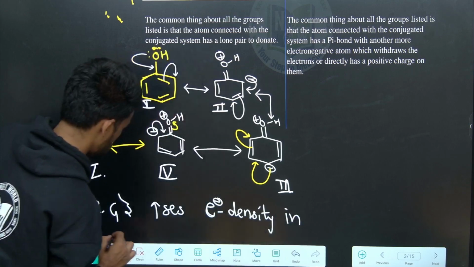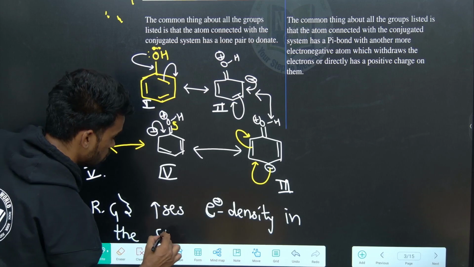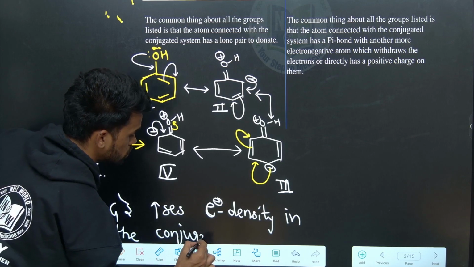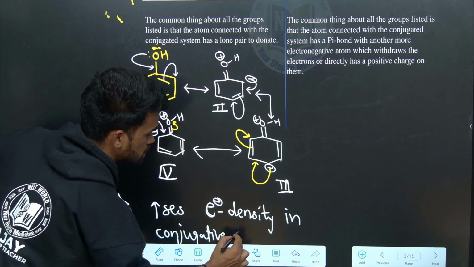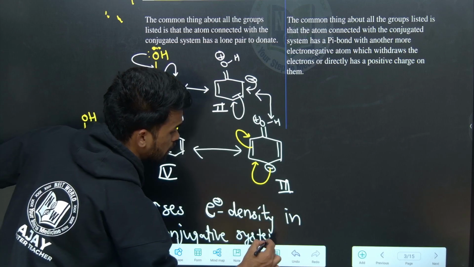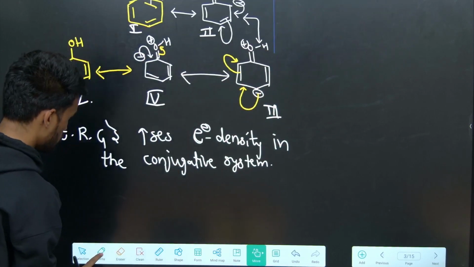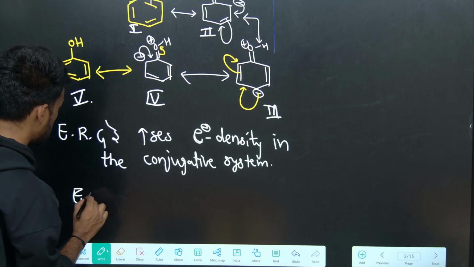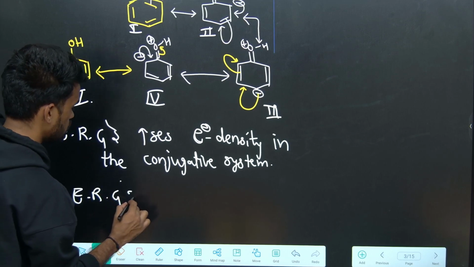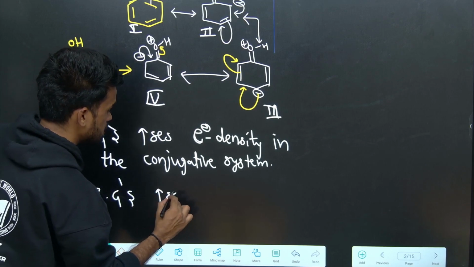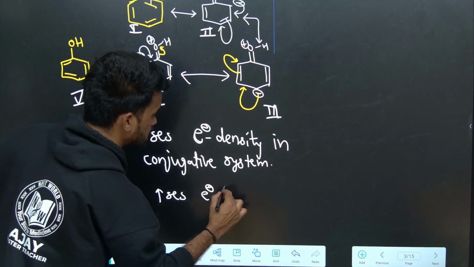in the conjugative system. Here when we are talking about the benzene ring, you can write electron releasing groups increase electron density.